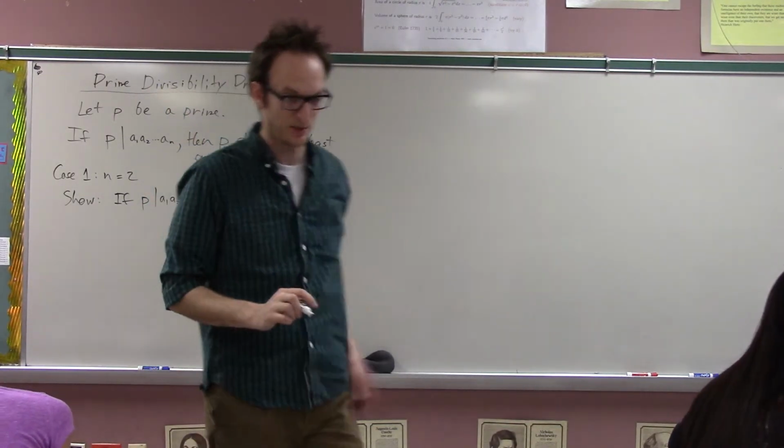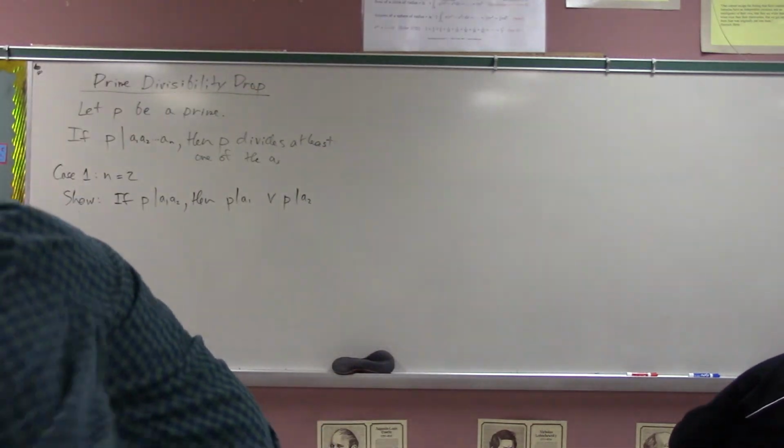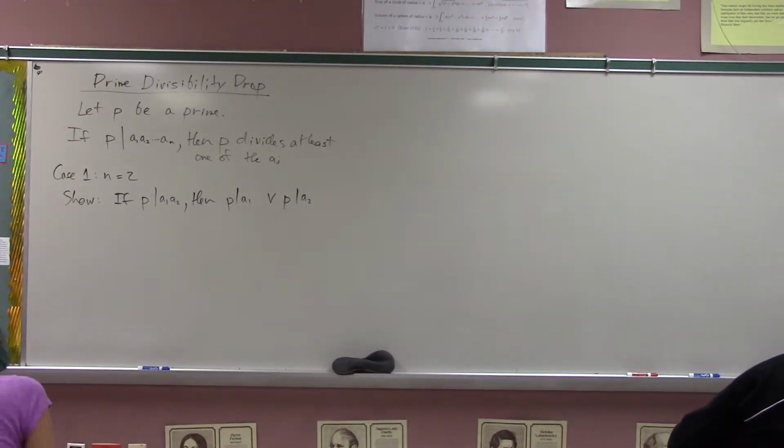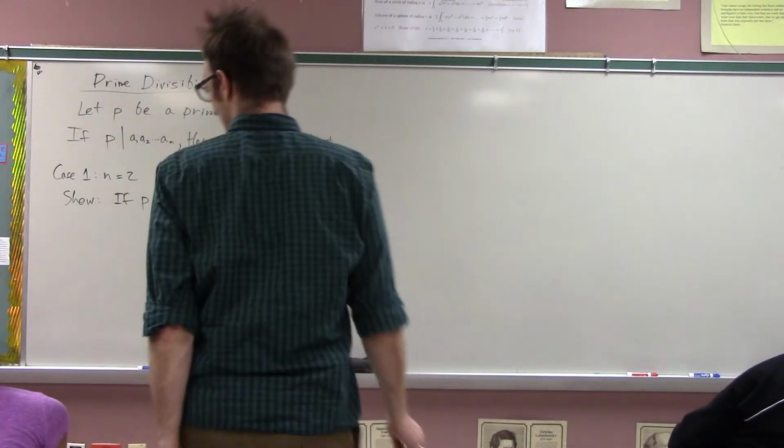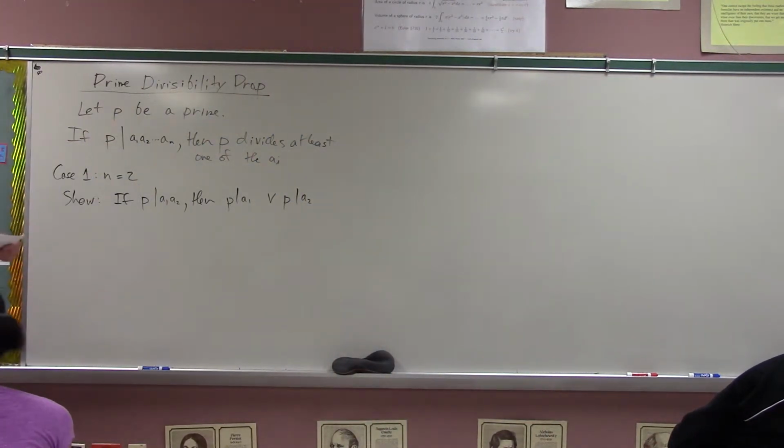In other words, like the thing we just did, but this time with primes, it'll be true. Well, let's do it. Let's just go through the numbers one at a time. Maybe p divides a1. Well, if so, we're done, right?